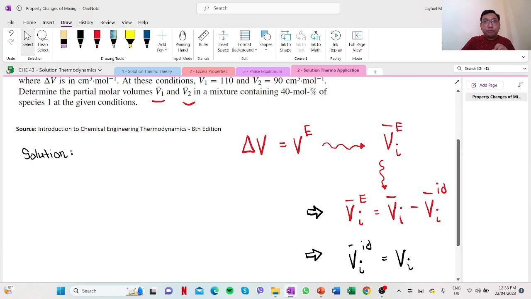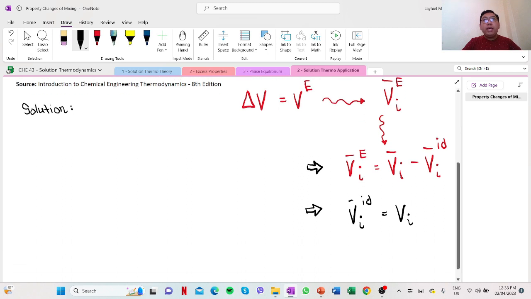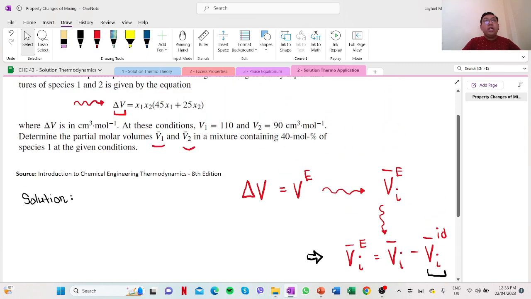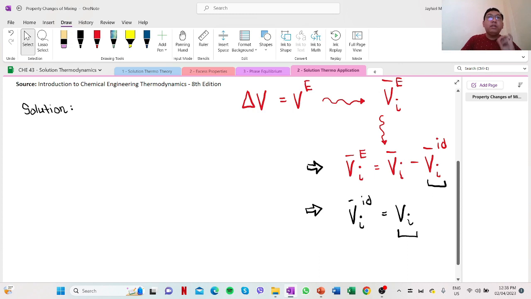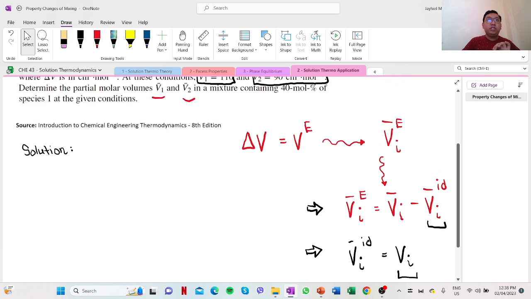So what you will actually make use of later is your value of Vi, which is given in the problem. So this is your V1 and this is your V2. So your V1 and V2 are your partial molar V1 and partial molar V2 under ideal solution conditions.